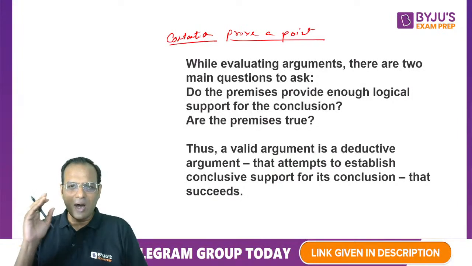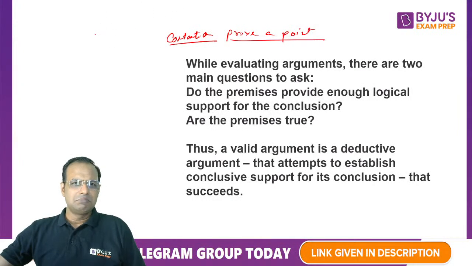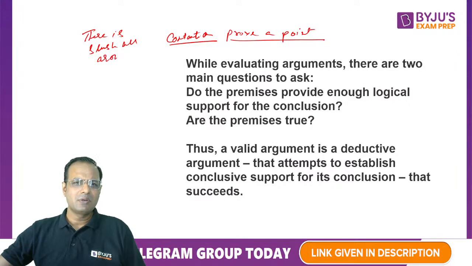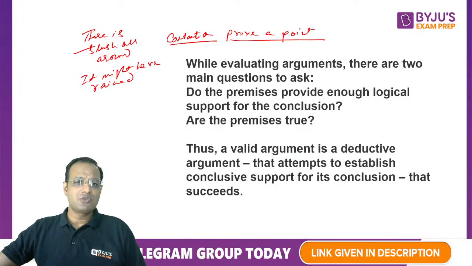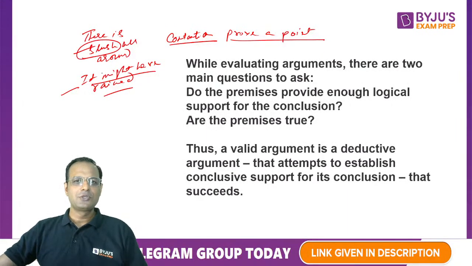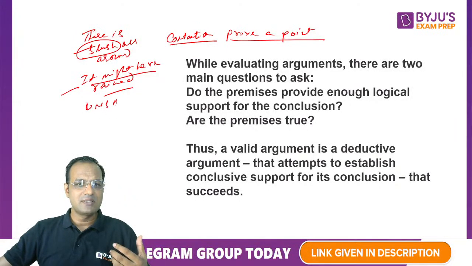So when you argue, what is argument? Now if I say that there is slush all around, it might have rained, right? I said there is slush all around and it might have rained. So my argument is that since it has rained, it has caused the slush. So deep down at the back of my mind, something which was unsaid.